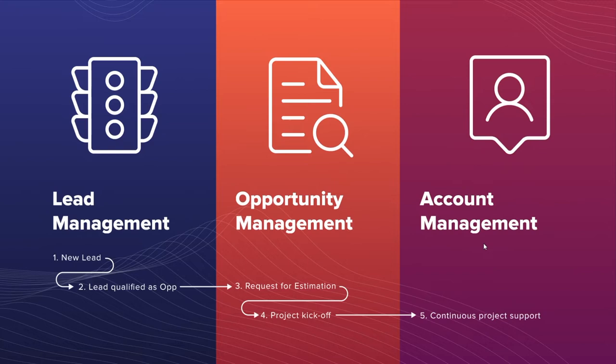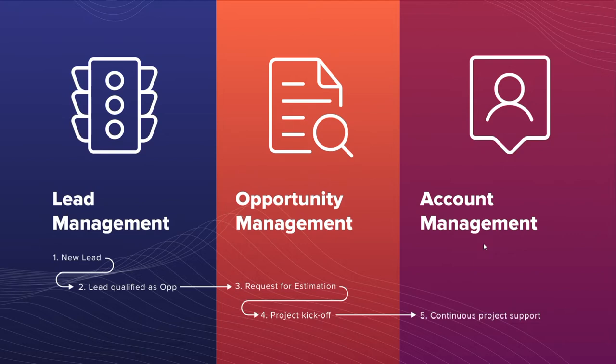So step 1 in the sales process is lead management, which includes several activities happening from the moment we receive a new lead and up to the moment this lead is qualified into an opportunity. The next one is opportunity management, which takes place from when we have a new opportunity, a potential deal in other words, in the form of a request for estimation, and up to when we close this deal and kick off a new project.